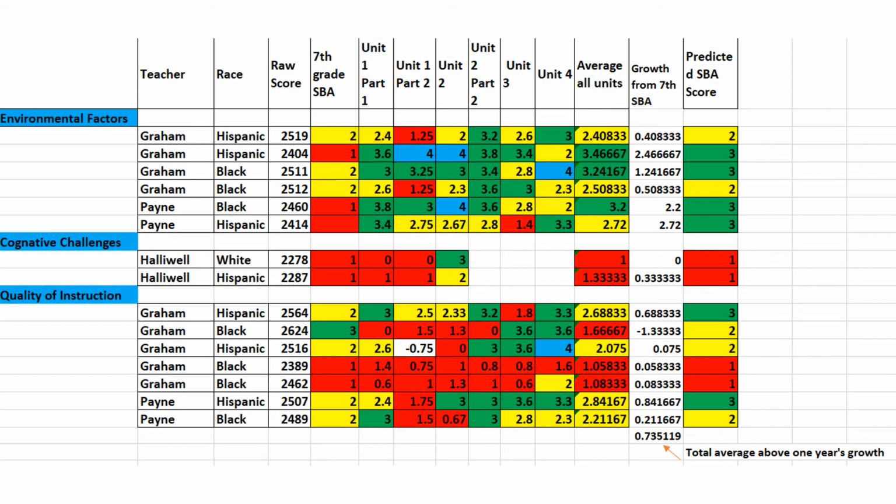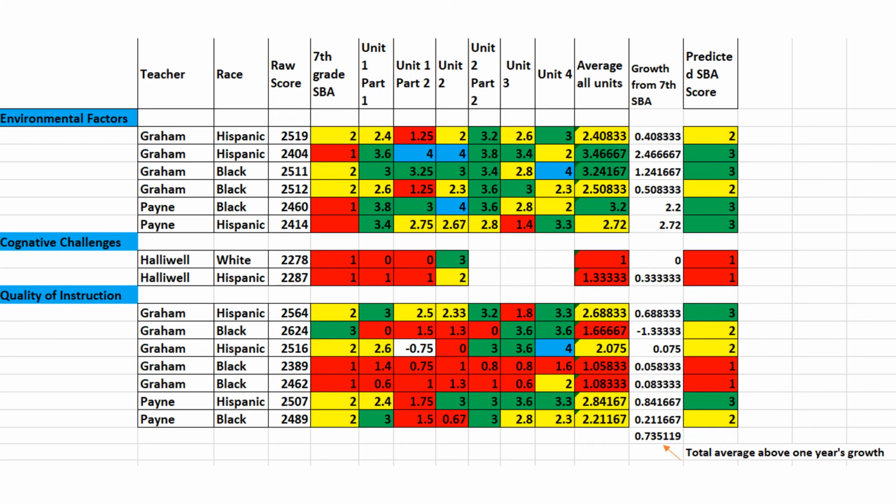So this student had a general score over the year of 2.4, which is approaching standard plus, everyone's favorite grade. This student got a 2 on their 7th grade SBA, which means that they had growth of 0.4. That means that if they were to just get another 2 on the SBA for 8th grade, they would have 1 year's growth.